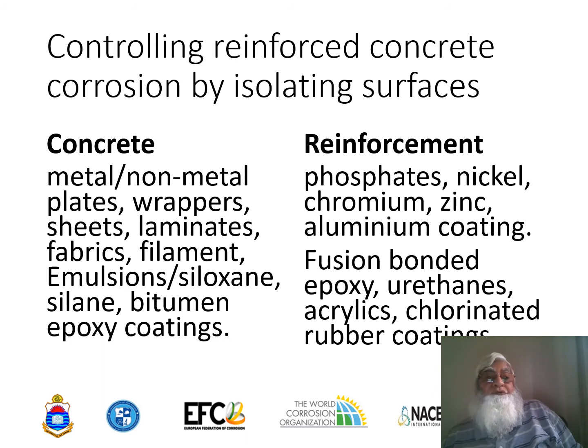Wrappers are used, sheets or laminates, right, of metal or non-metal filaments, and these are actually the barriers or solid laminates put in there to isolate the surface of the concrete from the environment, and this is not possible for huge buildings.